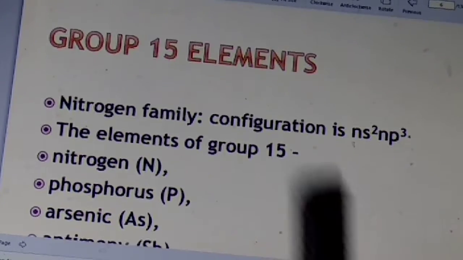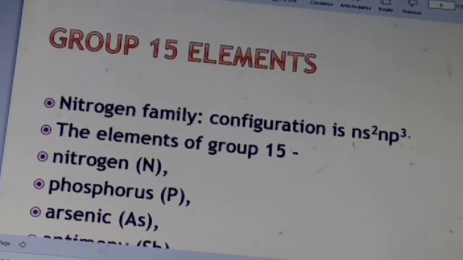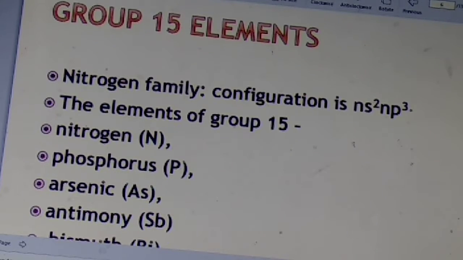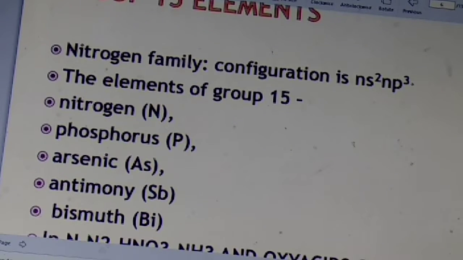Now I am going to the group 15 elements, the nitrogen family. The configuration is ns2 np3. The elements of group 15 are nitrogen, phosphorus, arsenic, antimony and bismuth.